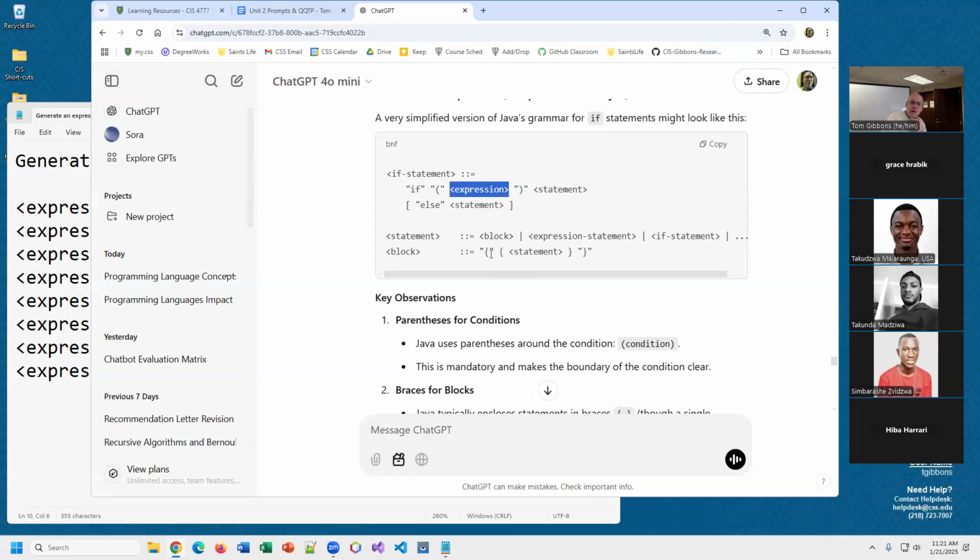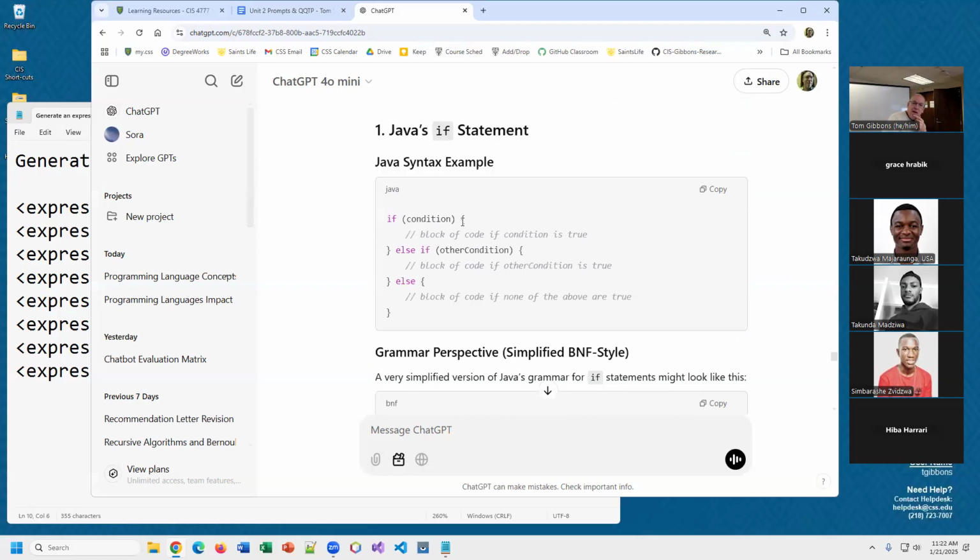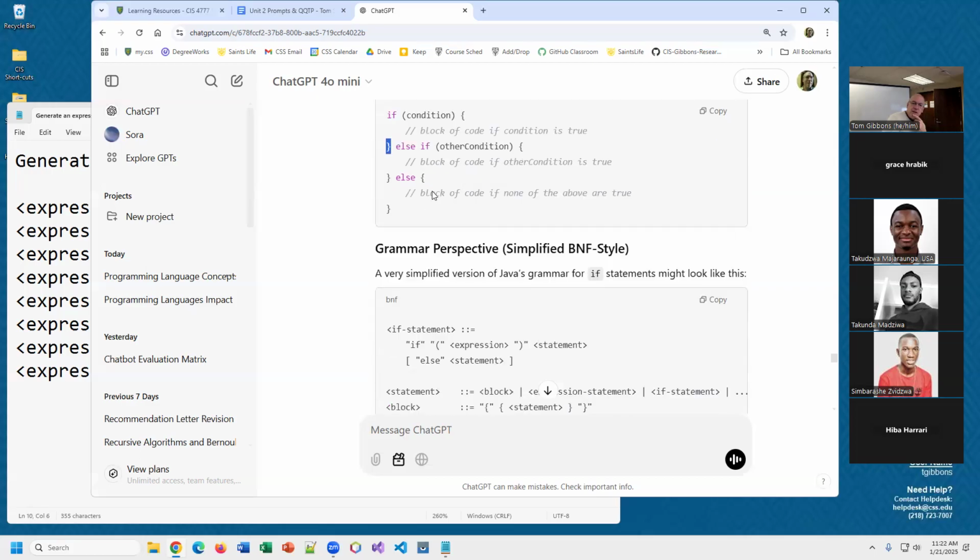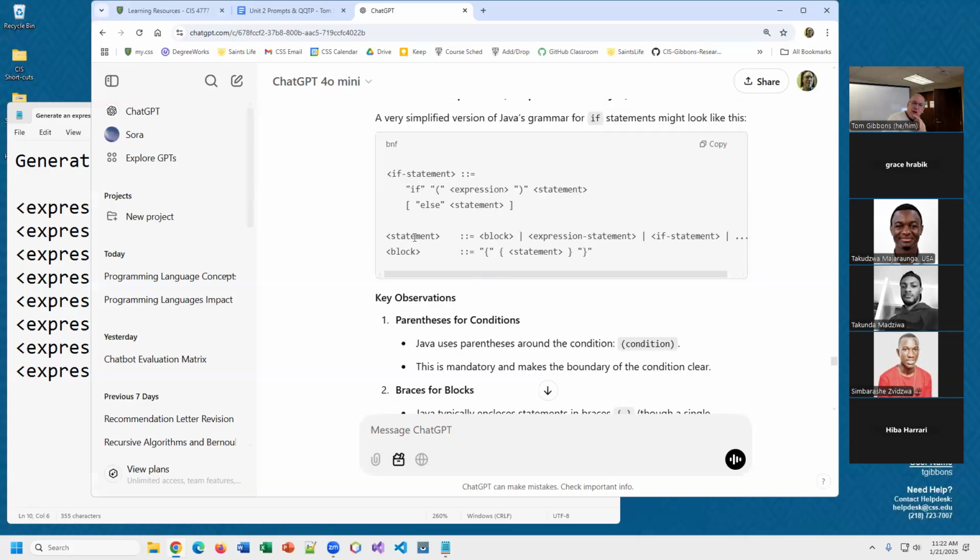One thing we want to watch is that in Java, these braces are optional. If you have a single statement there, that would work okay. So that's what they're trying to show here. A statement is either a block, which has the statements inside braces, or, and I find this a little confusing, they have an expression statement and an if-then statement here.